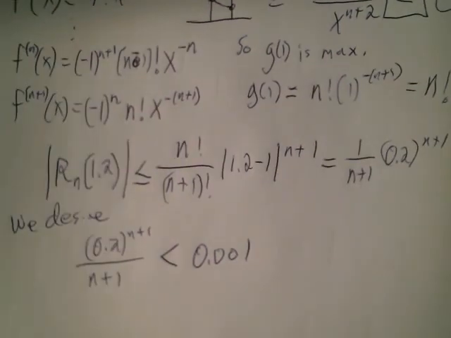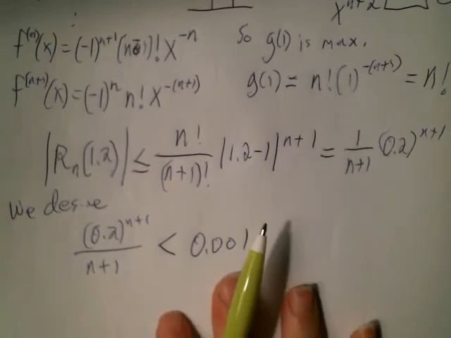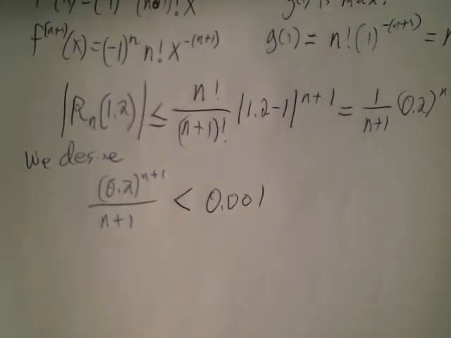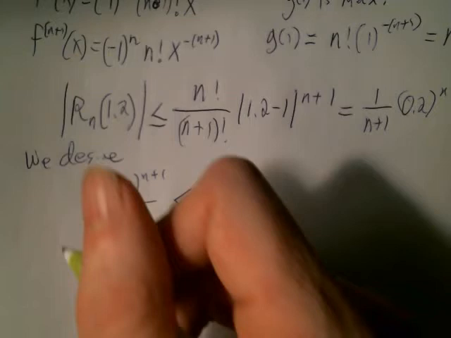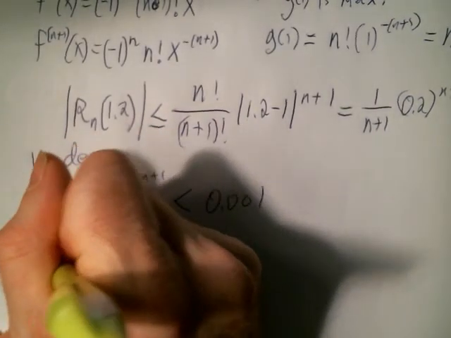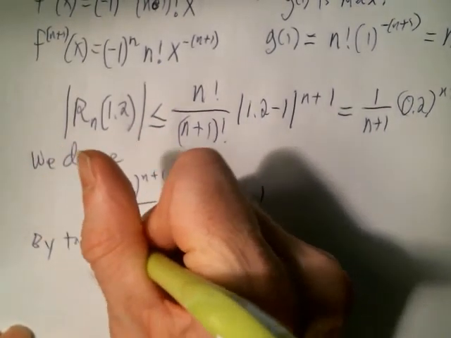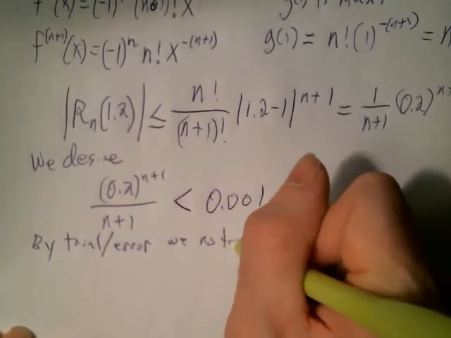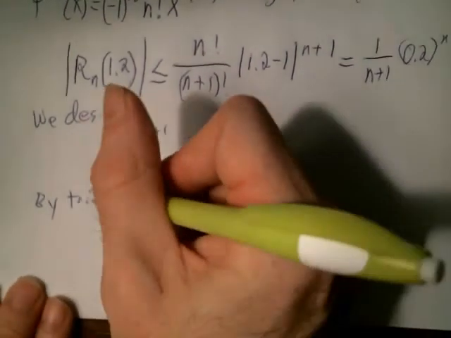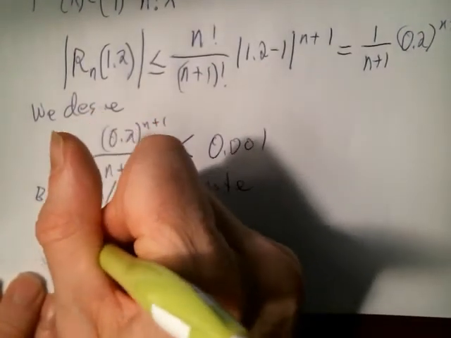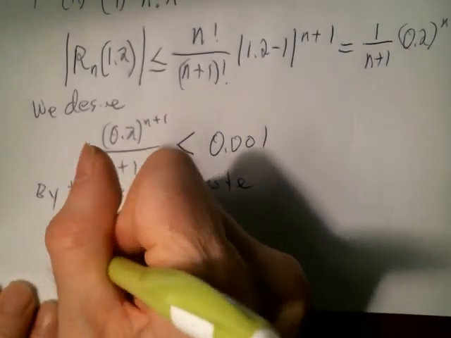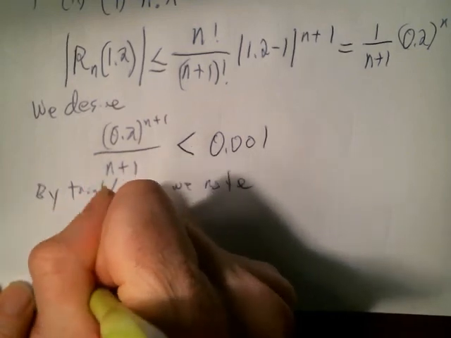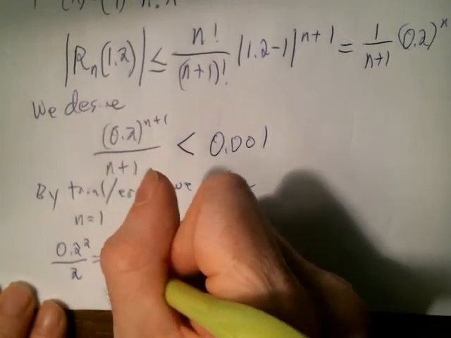Then you just do trial and error to figure out your n value. So try n equals 1. We note the following: when n is 1, we get 0.2 squared all over 2, which equals 0.02.